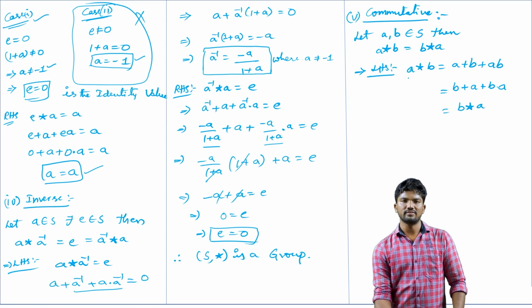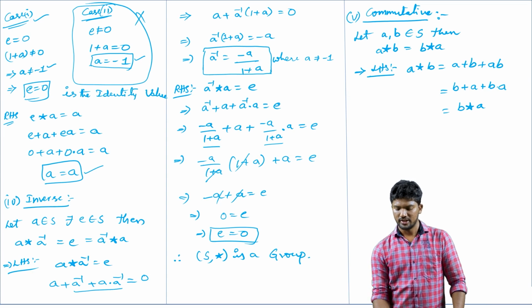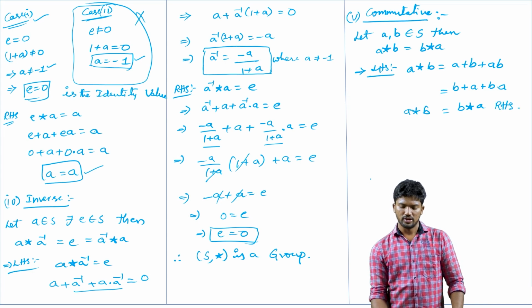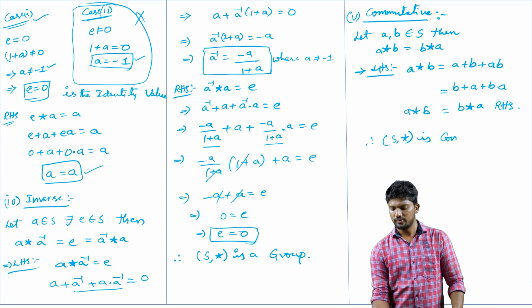Because if you start with a, you can write a + b + ab; if you start with b, you can write b star a. So LHS is equal to RHS. Therefore S, star is commutative, and clearly the group S, star is an abelian group.